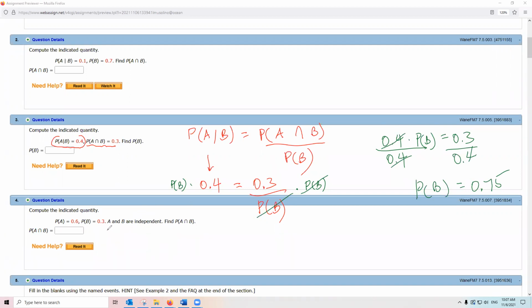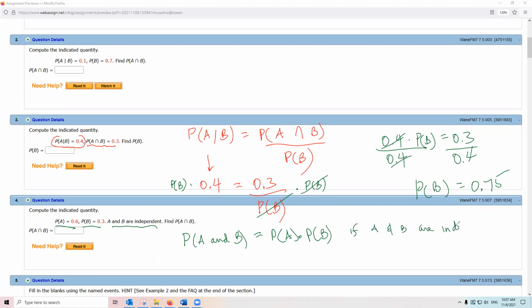Question 4, they're giving me the probability of A, probability of B, and they're telling me that A and B are independent. Well, it's important that I recognize the fact that these events are independent, because that tells me to use a new formula. If you remember, the probability of A and B is just equal to the probability of A times the probability of B. But this formula only applies if A and B are independent.